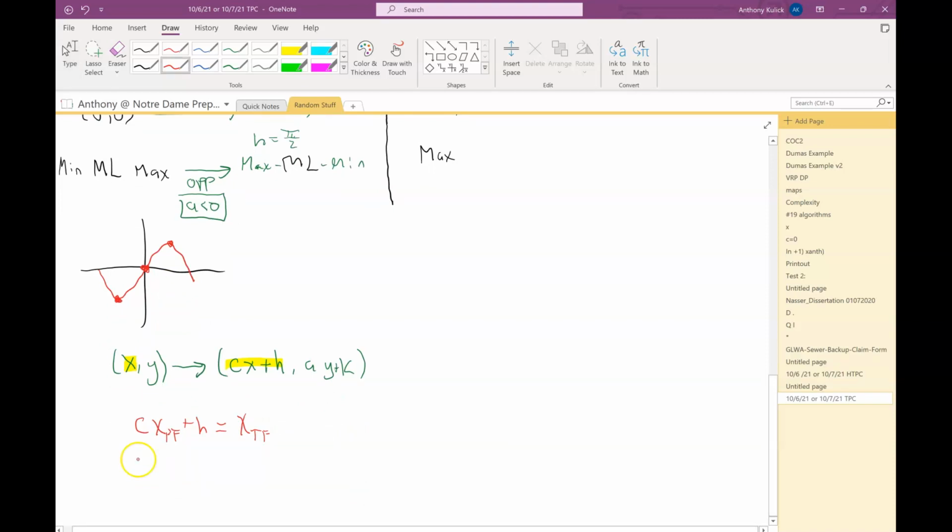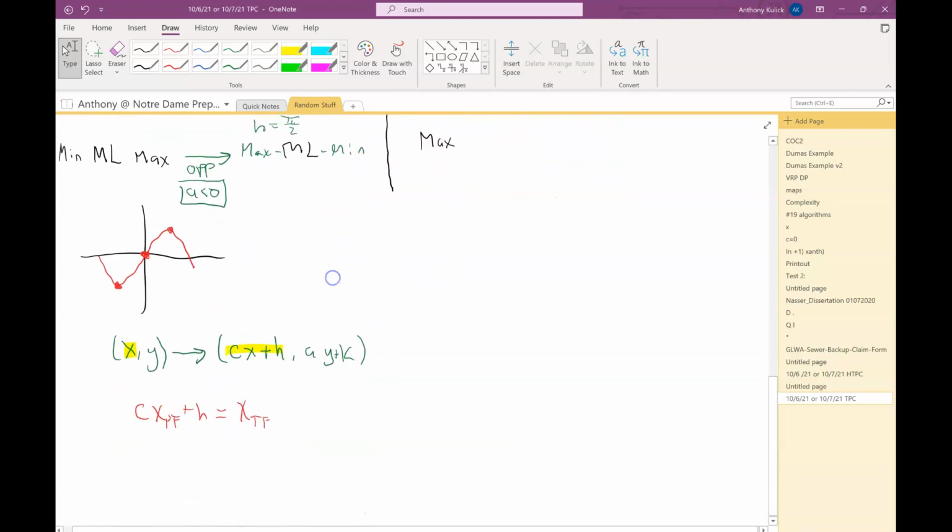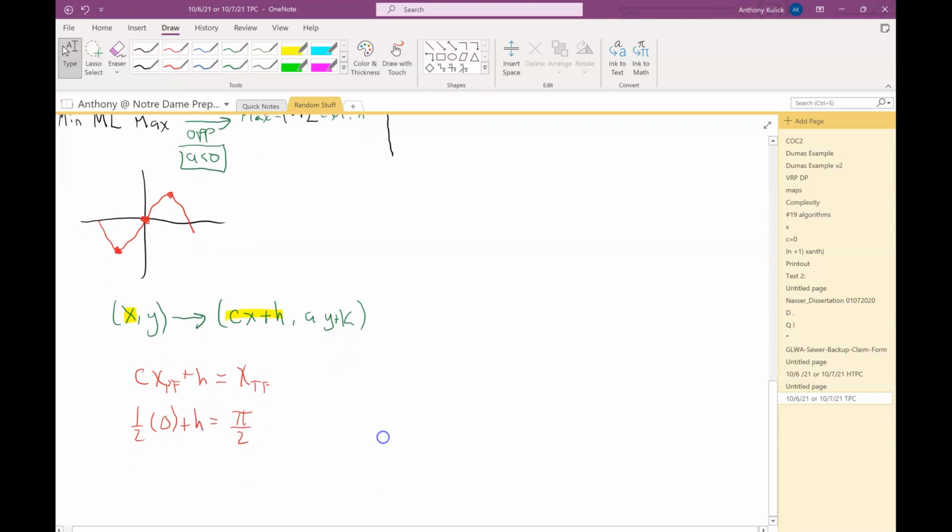So C was 1/2. The x from the parent function is 0, plus h should equal the x from the transformed function, which was pi over 2. 1/2 times 0 is 0. 0 plus h is just h. So h is just that x from the transformed function.